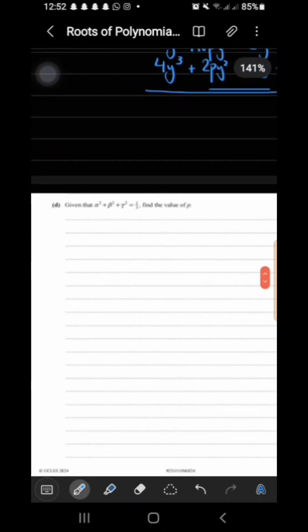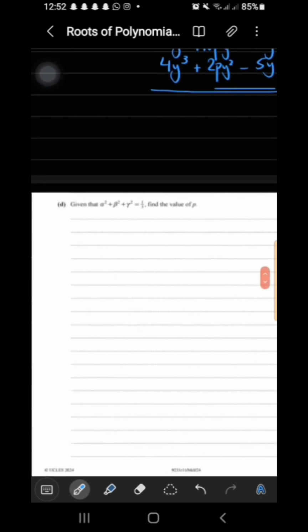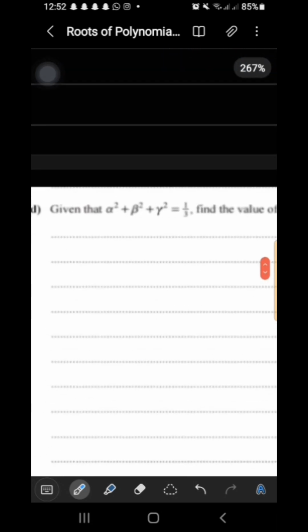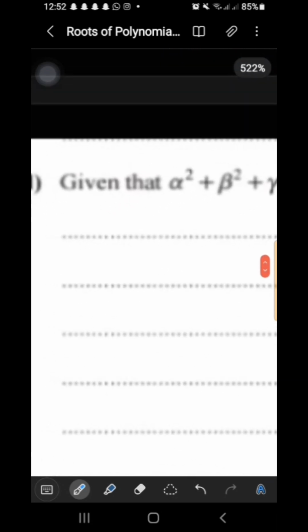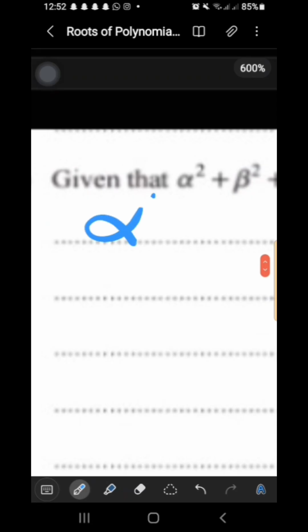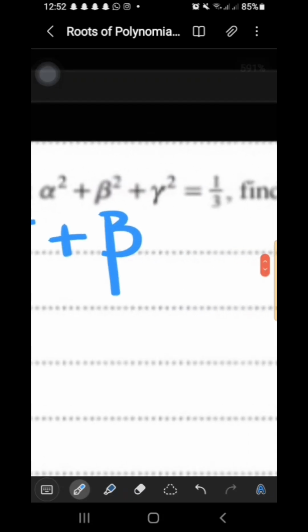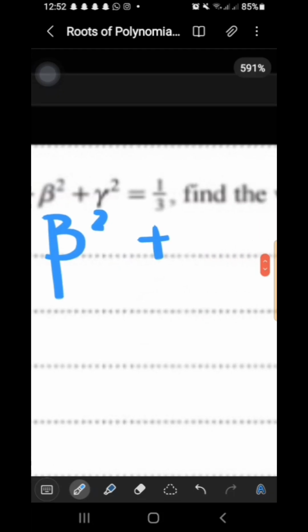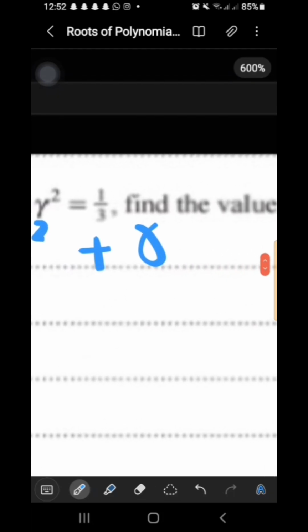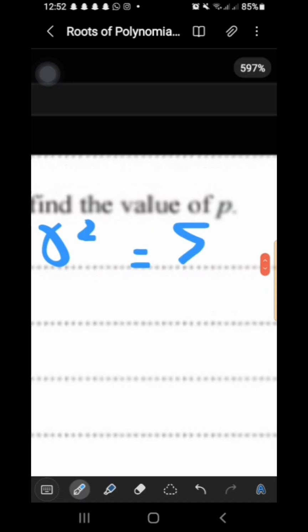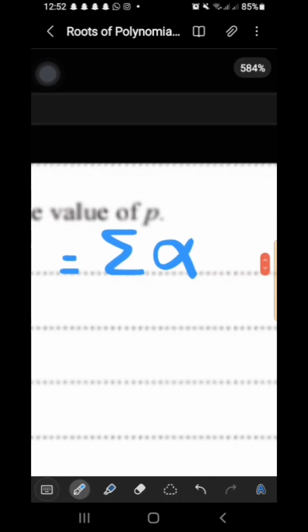Now here is the last part of this question. Given that alpha square plus beta square plus gamma square is equal to 1 divided by 3, find the value of p. Now we can do this. Alpha square plus beta square plus gamma square is equal to the summation of alpha square.